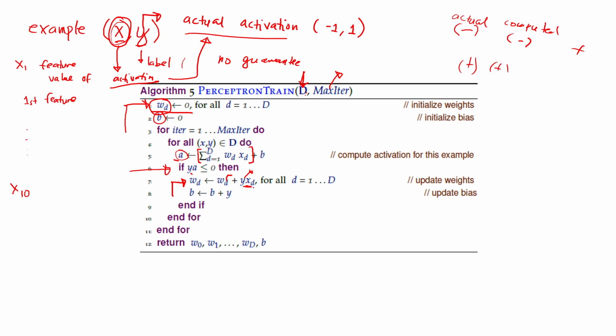Perhaps we can look at this thing here. So this is the feature value, and this is the label, so either negative or positive one, right?